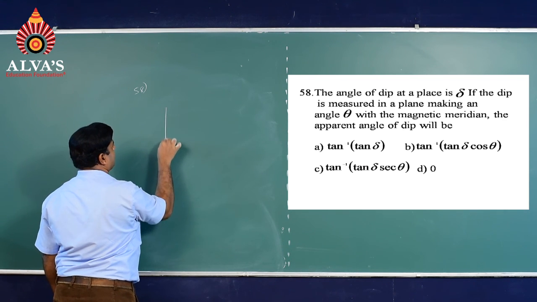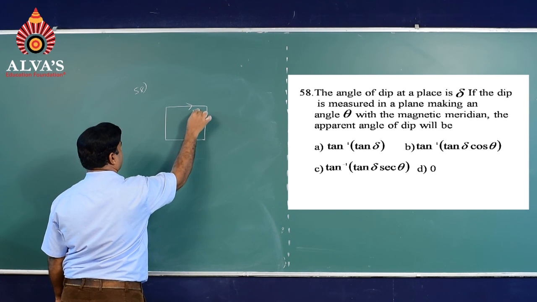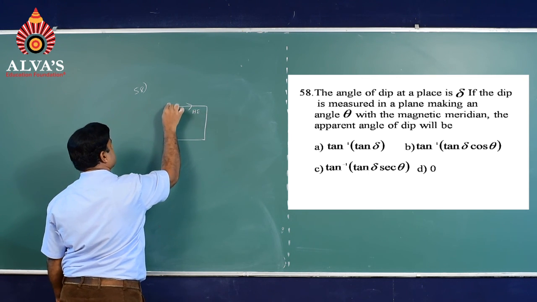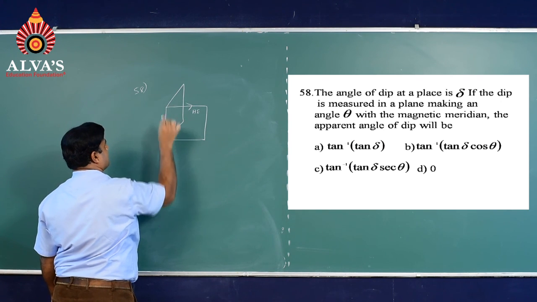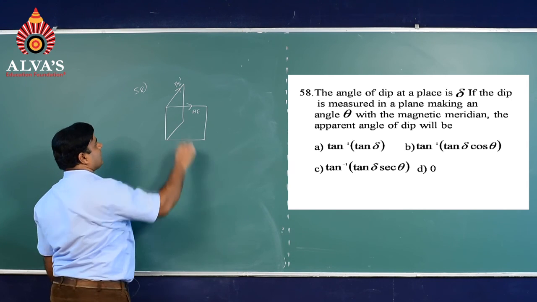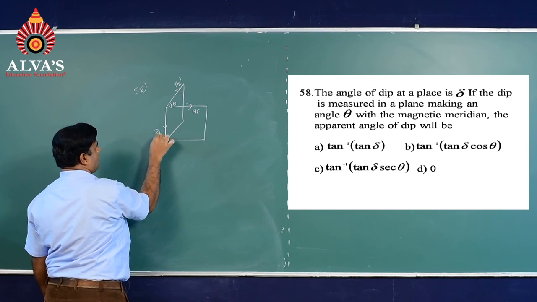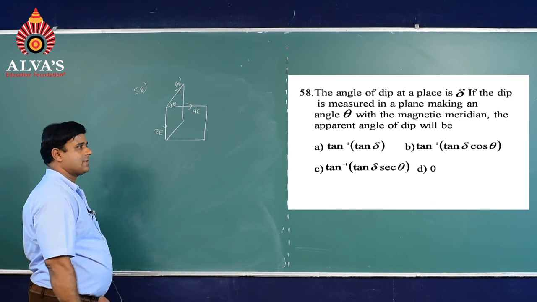So, in the magnetic meridian there is horizontal component HE. If I consider some other plane, in that the horizontal component is HE dash. The angle between the two is nothing but theta. For both of them, the vertical component is the same.